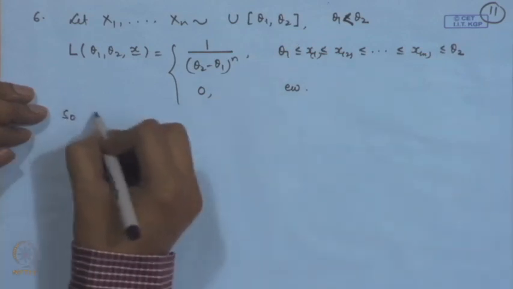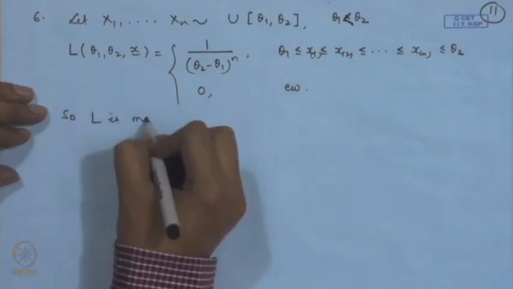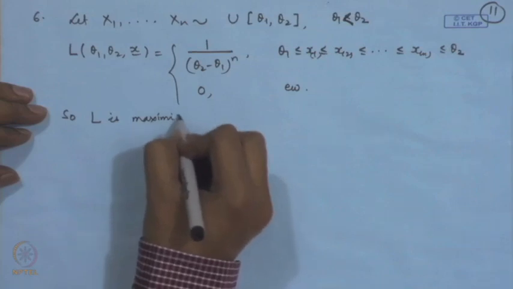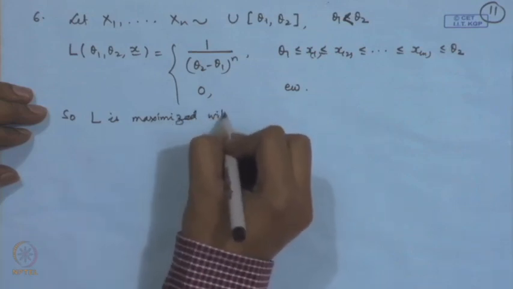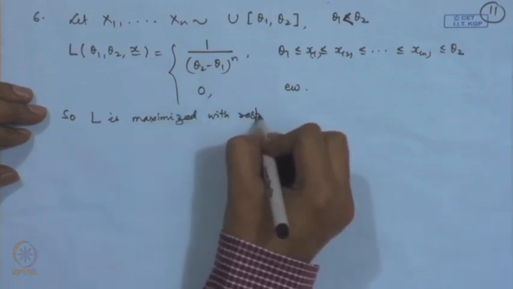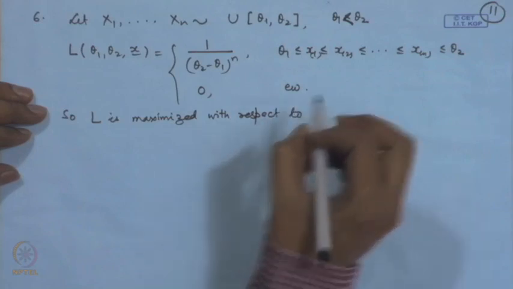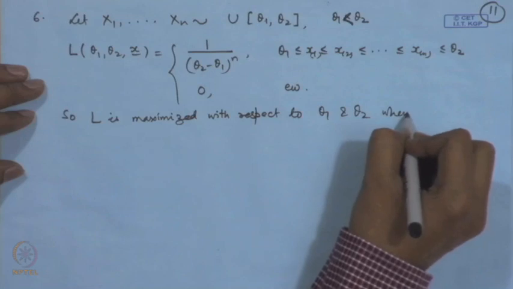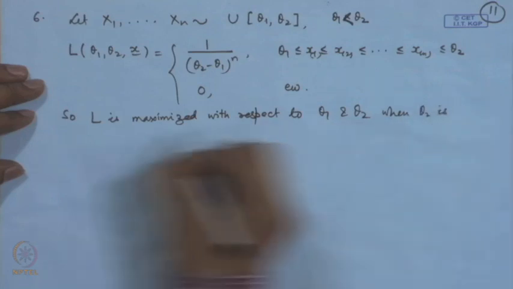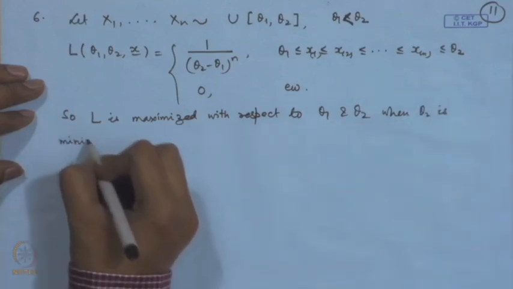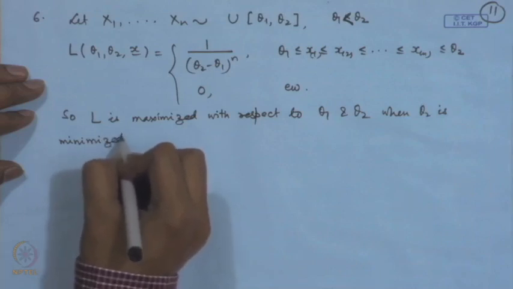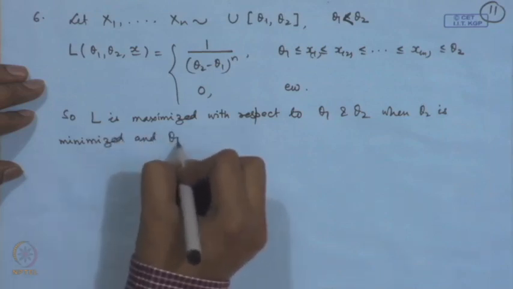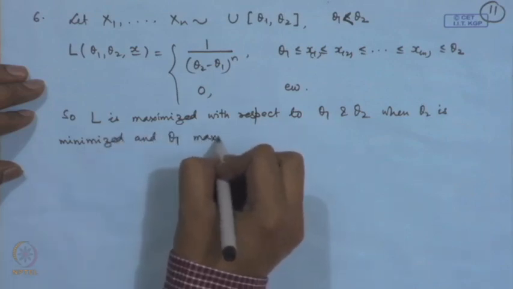So, L is maximized with respect to theta 1 and theta 2 when theta 2 is minimized and theta 1 maximized.